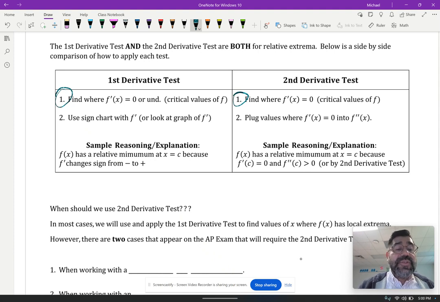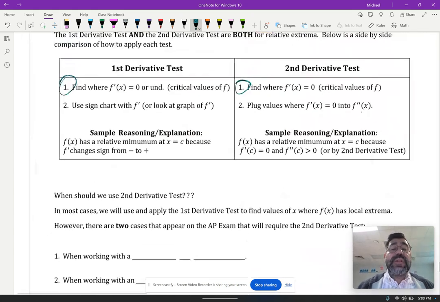But when I do the first derivative test, I use a sign chart, and then I consider whether the first derivative changes in sign from positive to negative or negative to positive. But in the second derivative test, I take the critical values and plug them into the second derivative, and using concavity, I'm able to figure out whether I have a relative minimum or relative maximum.